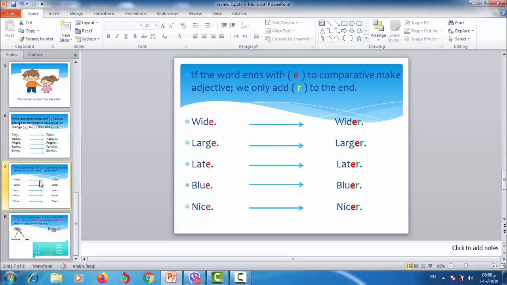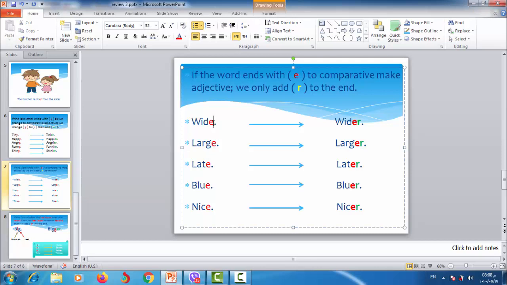If we only add ER instead of R, then it becomes like that, which is not a word. Wide, wider. Look, we only add R to the end. Large, the same thing, ends with E, and we only add R, not ER, because it becomes like that and it's not a word.